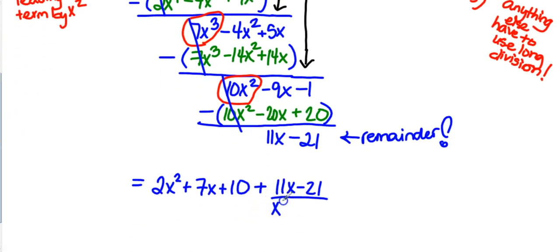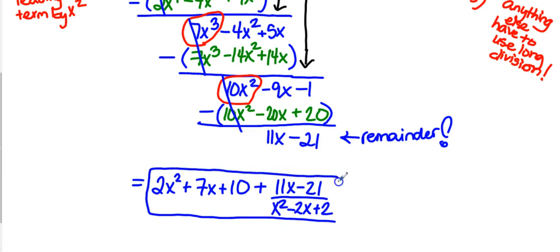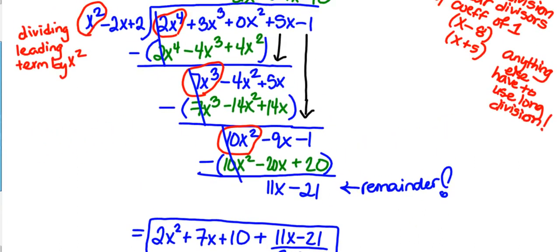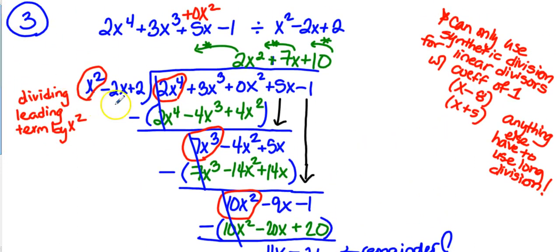So that's what goes right here. And that's it. So that's the key idea, is that long division is our only option when we are dividing by something that is not linear, whose coefficient is not 1.